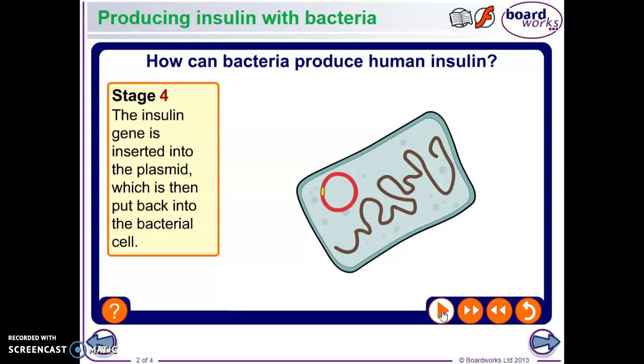For stage 4, those two pieces of DNA, the donor DNA, the insulin gene represented in yellow, and the bacterial plasmid DNA, which is represented in red, were spliced together. They were put together because they were cut at the same sequence. So now they can fit together.